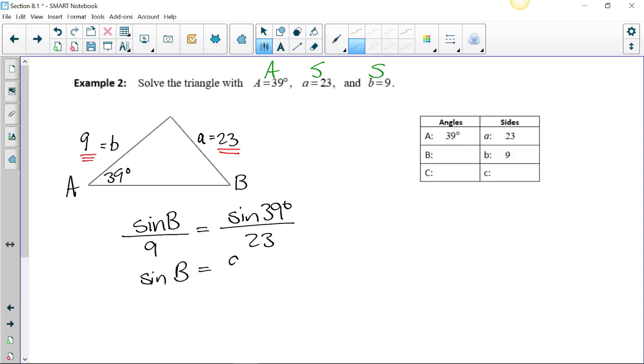So to find the sine of B, I cross multiply and divide.